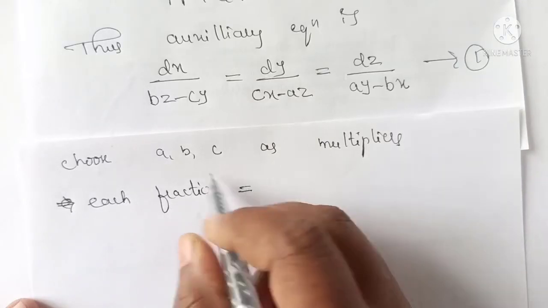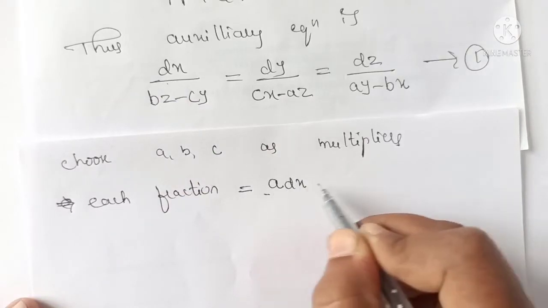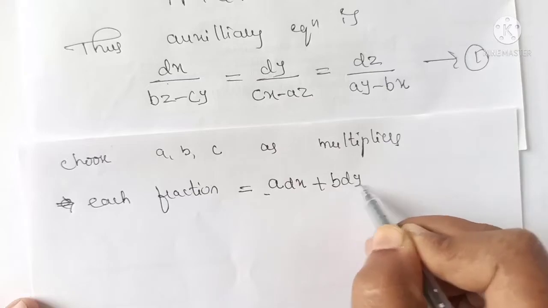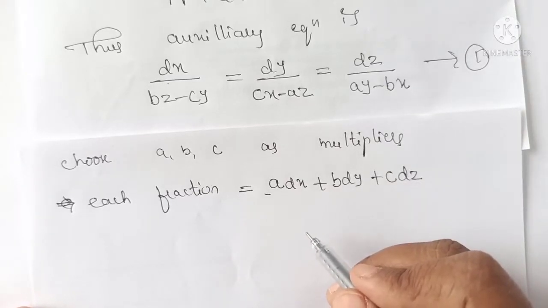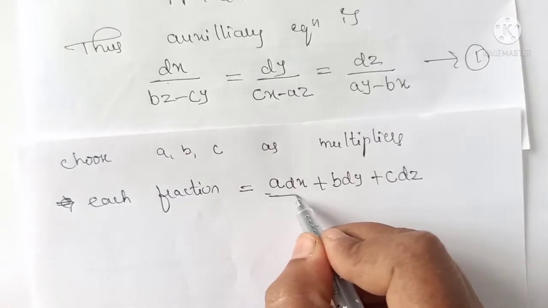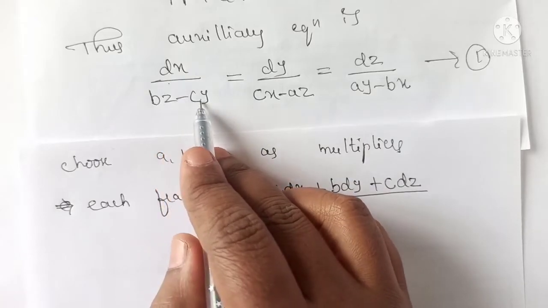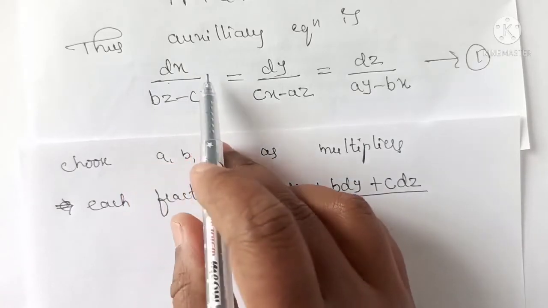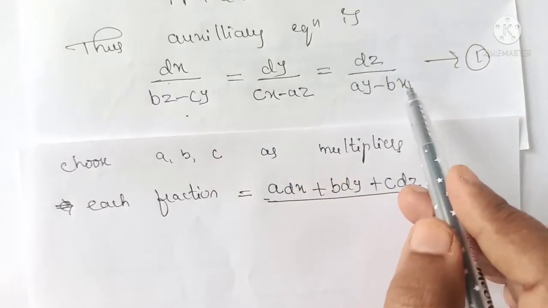equal to a dx plus b dy plus c dz over the denominator. Multiply the first fraction with a, the second with b, the third with c.